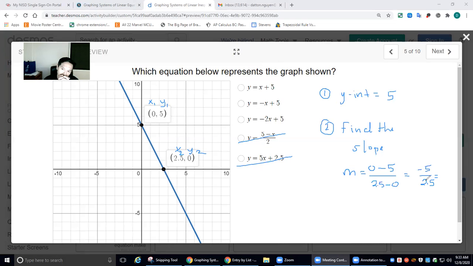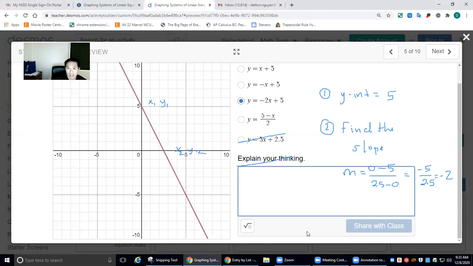Close. -5 divided by 2.5, right here on the board. So are you subtracting or are you dividing? Right, -5 divided by 2.5. Guys, you just take out a calculator and do that. -5 divided by 2.5. What do you get? Thank you. -2. So that's my slope. So on my preview, that's what this is.